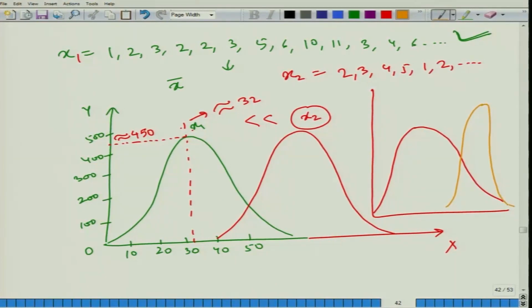You would very easily tell me that in the case of x1 the spread is greater, so the standard deviation is greater, as compared to the case of x2.